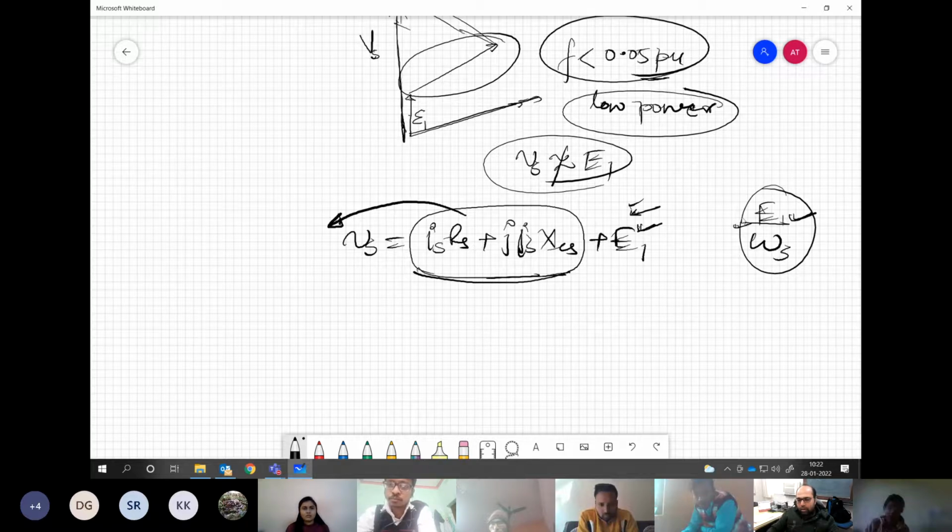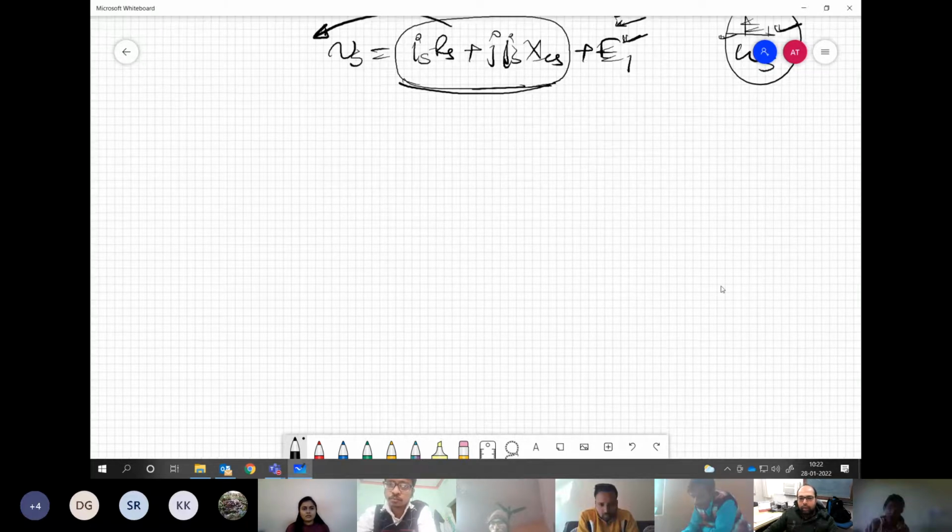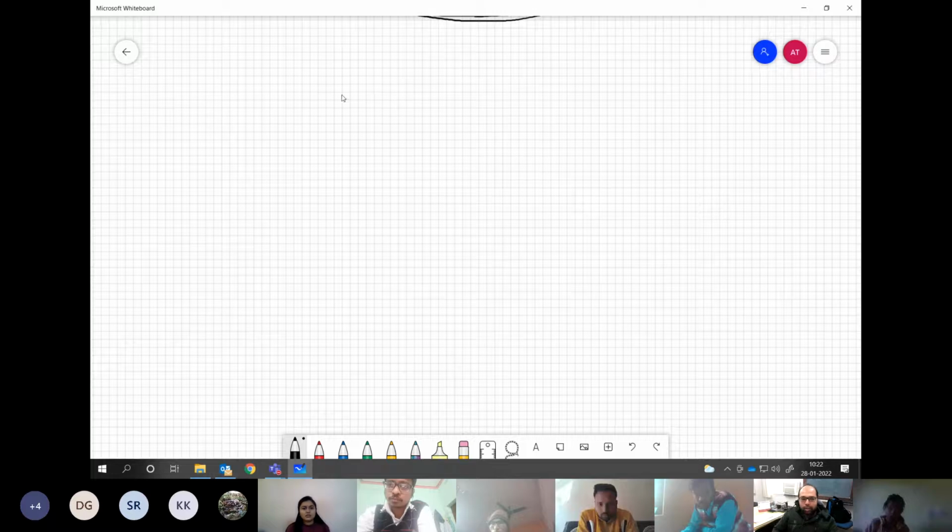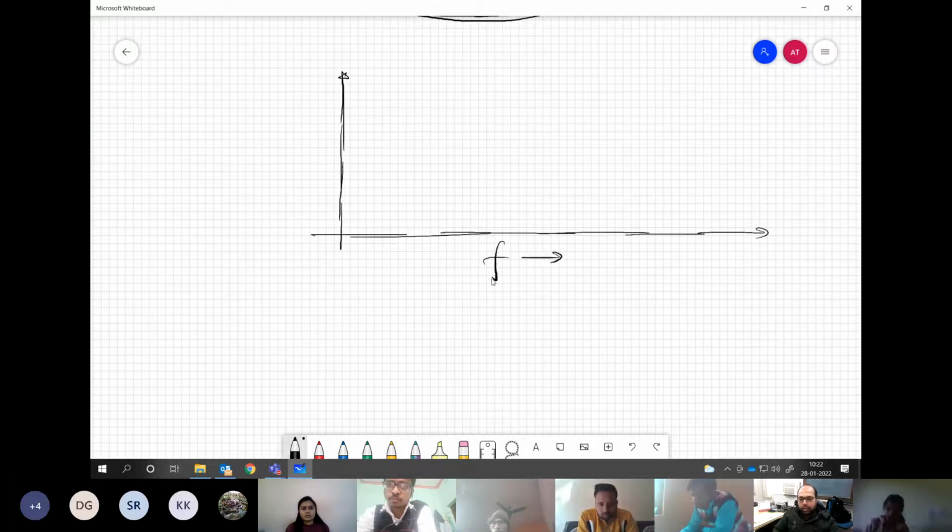So when you draw the V by F profile for induction motor, say this is my rated frequency, this is my frequency axis, and this is where the rated value is. This is 1 per unit, and this is my voltage limit, 1 per unit.